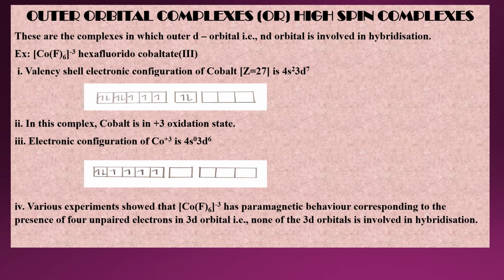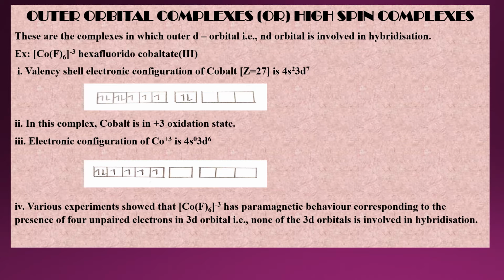So let's see the electronic configuration of this complex. To start with, the outermost shell electronic configuration of cobalt, whose atomic number is 27, is 4s2 3d7. What is the electronic configuration of the outermost shell of cobalt? It is 4s2 3d7.